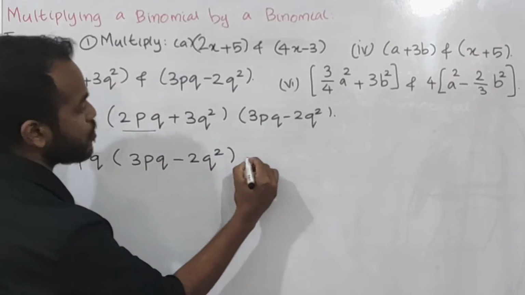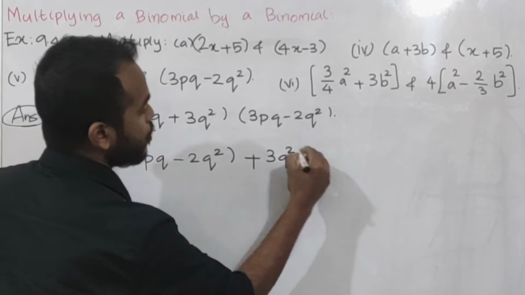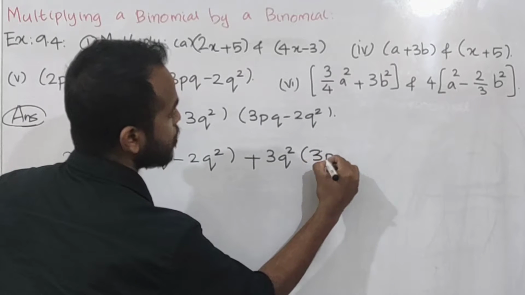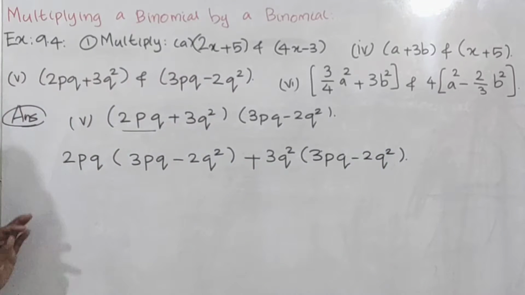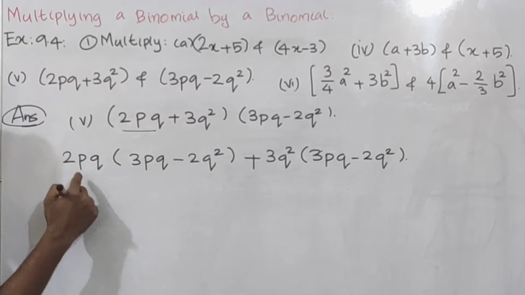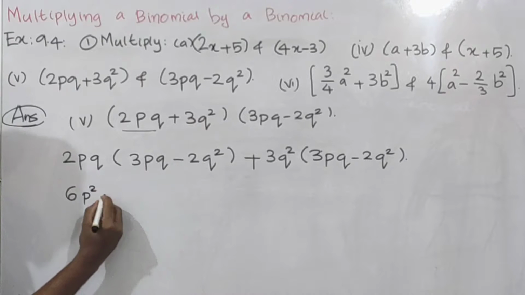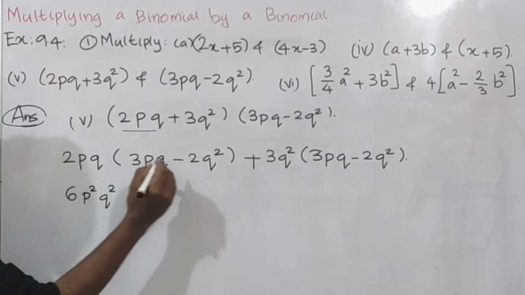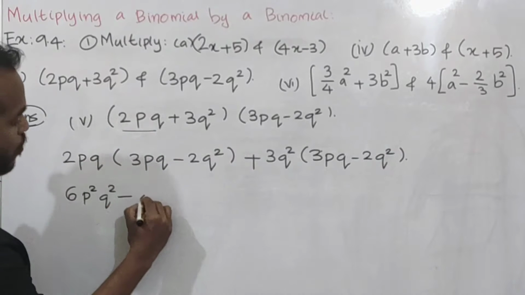Then we have the 3q square here. I'll write 3q square, including the symbol, into the second bracket, 3pq minus 2q square. Now simplification is left. 2 into 3 is 6. Then pq into pq, p into p is p square, q into q is q square. Then we have a negative symbol, we put that. 2 into 2 is 4.